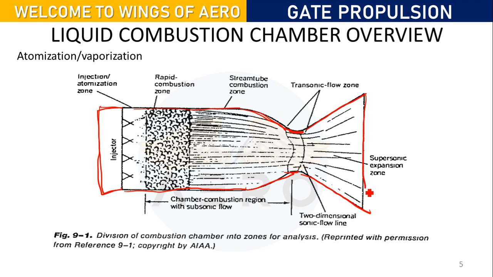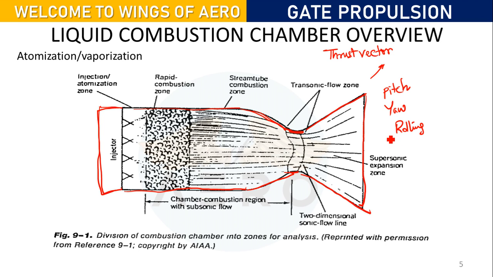Now the nozzle part of any thrust chamber can be fixed or it can be thrust vector. It can have some mechanism or actuators so that we can deflect the direction of the nozzle.